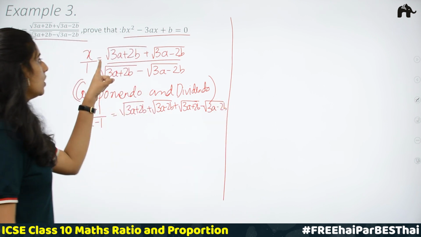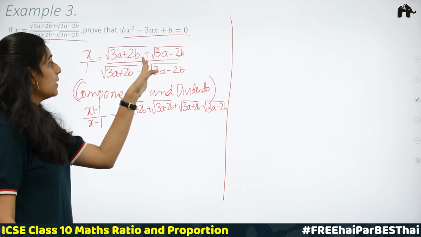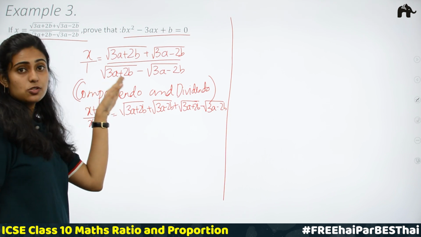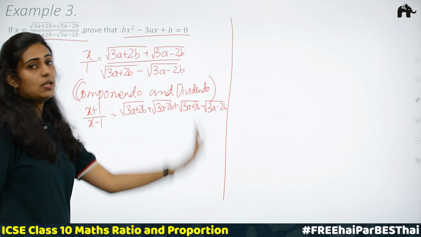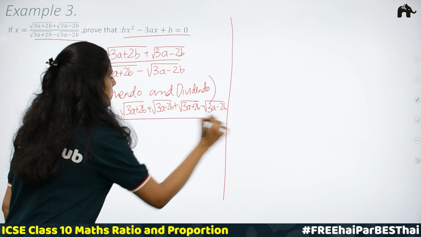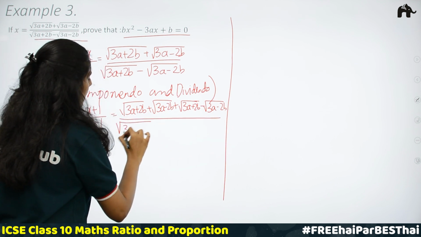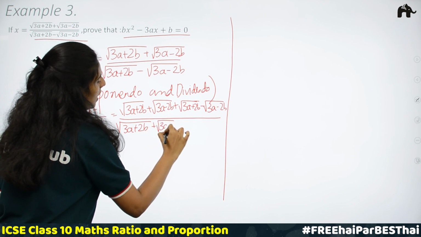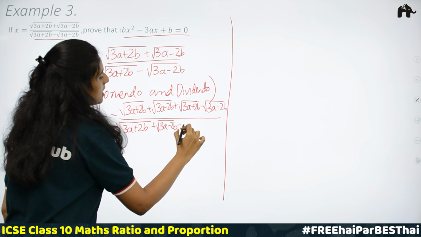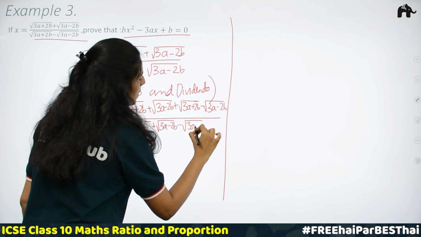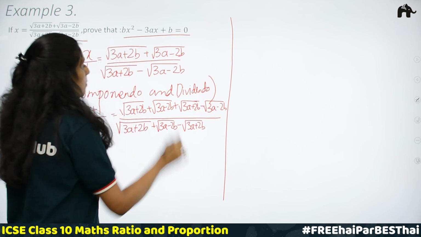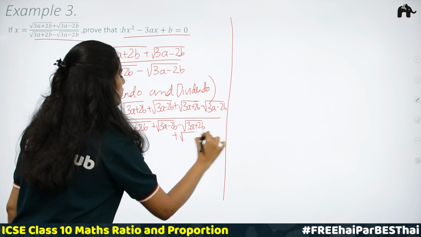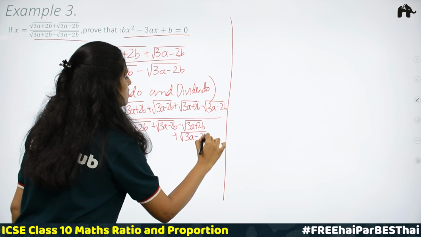Here c is equal to root of (3a plus 2b) plus root of (3a minus 2b), and d is equal to root of (3a plus 2b) minus root of (3a minus 2b). Denominator, root of (3a plus 2b) plus root of (3a minus 2b) minus root of (3a plus 2b) plus root of (3a minus 2b).